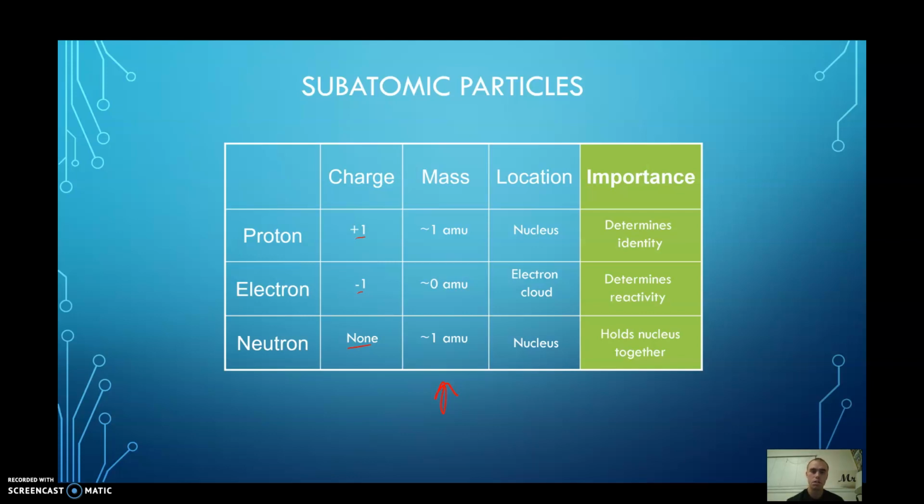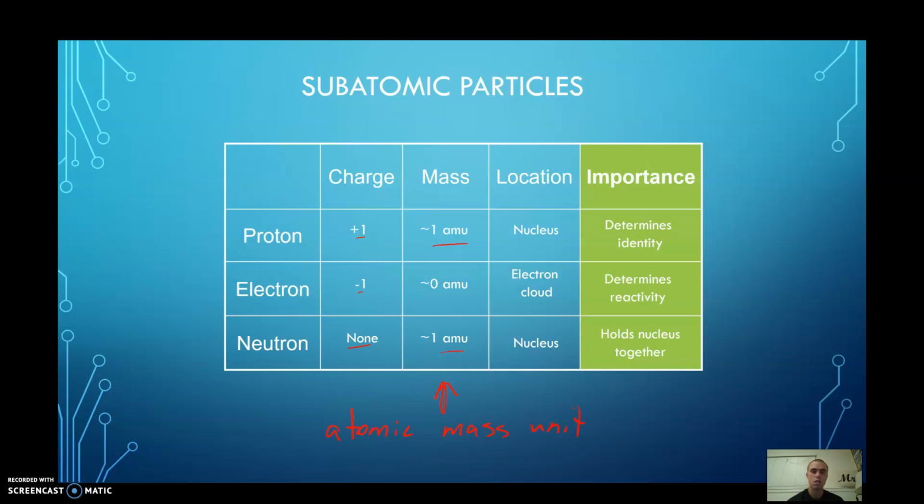Protons and neutrons both have a mass of approximately 1 AMU, and AMU stands for atomic mass unit. Basically that's just an arbitrary unit. You don't really need to know what an AMU is, but just know that it's a unit.